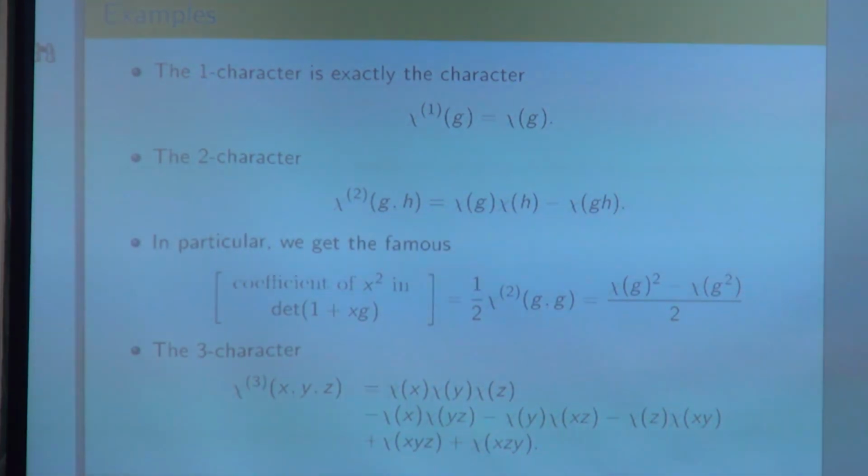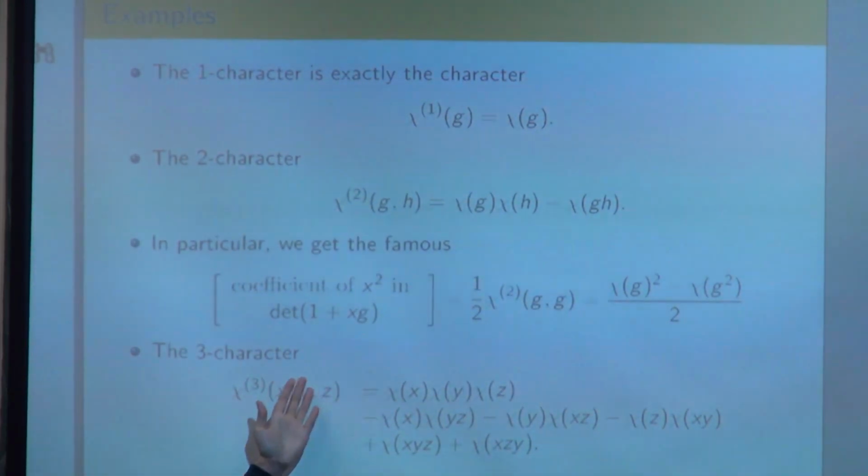So, some examples. For example, the first character, the one character, is just the original character. And the second, the expression by our formula, is known by somebody, that the character of GH is expressed by this, and this may be more familiar to some mathematicians working in representation theory, because this thing is well known for linear algebra students.